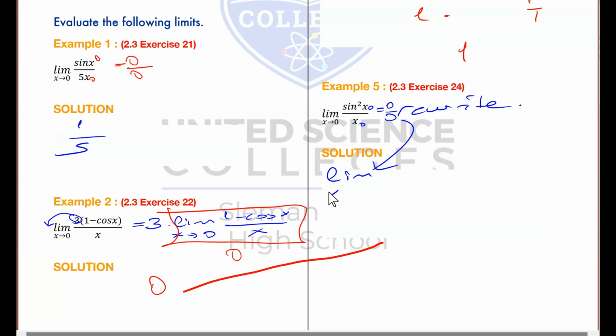The limit as x approaches 0 of sine squared is actually sine times sine, right? Sine times the limit as x approaches 0 of sine x over x. For which sine function should I use x? Does it matter? Actually, it doesn't. They're both the same. So use x with one of the sine functions.